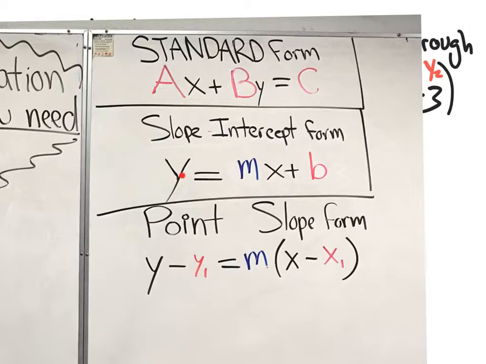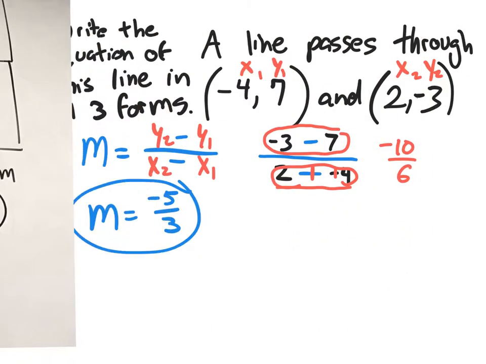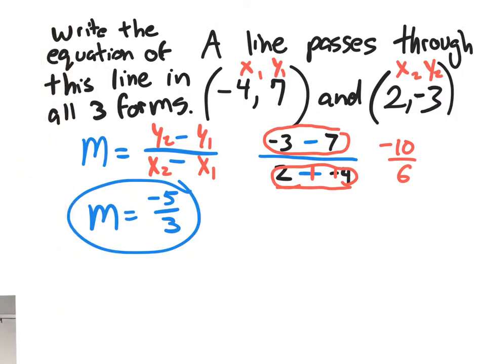You also want it in slope-intercept form, where you have y by itself, mx plus b, and also point-slope form. We need to write all three forms of this line that passes through the coordinates -4, 7, and 2, -3. So if I want all three forms, which one should we start with? Which one's the easiest to start with?